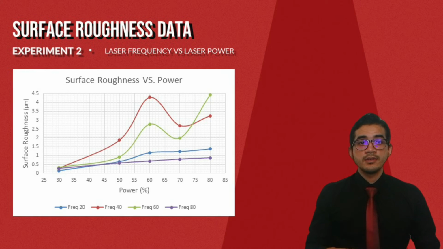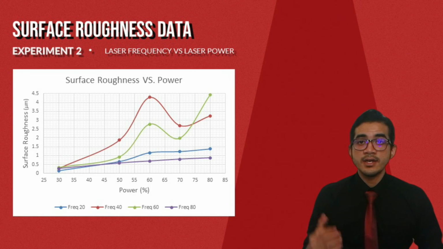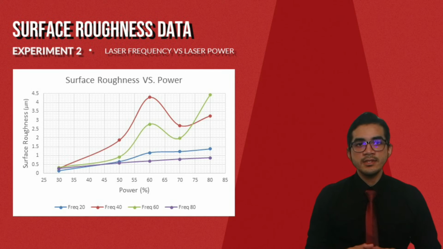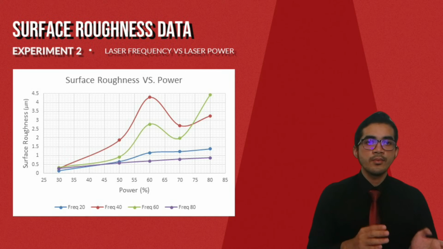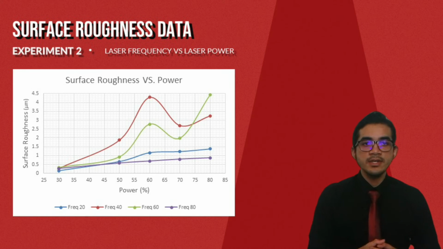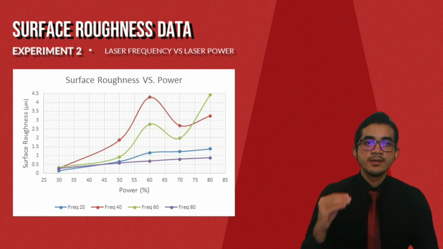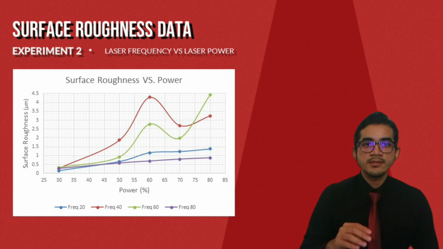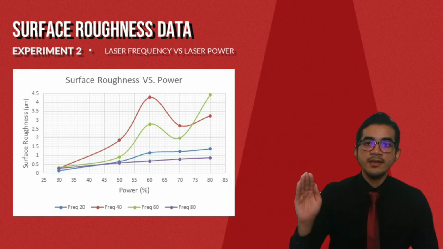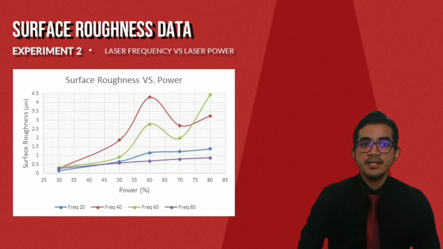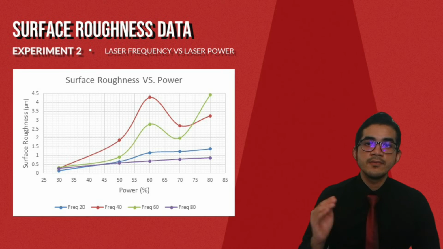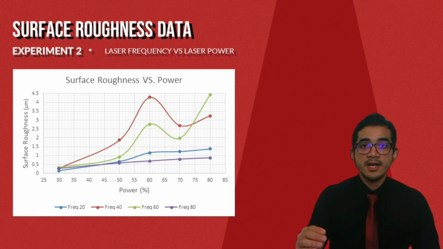The graph data is from Table 1. So we can see here the pattern: when the power is 30%, it gives the minimum roughness data, and at the end point, which is 80%, we can see that the majority of them give a high surface roughness value.